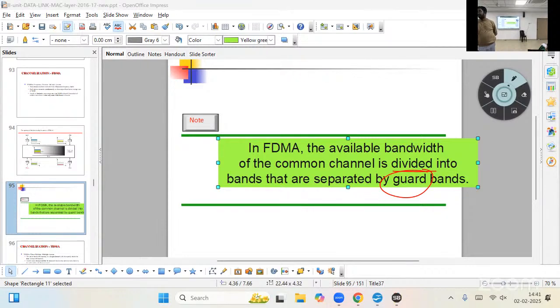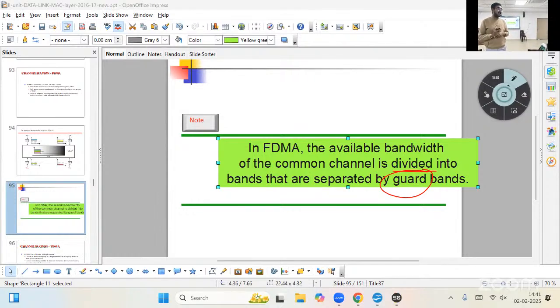There is a fence or a border, right? So here there is a wall or compound. In the same way, between one user's frequency and another user's frequency, some guard frequency will be there. Why? To avoid overlap.